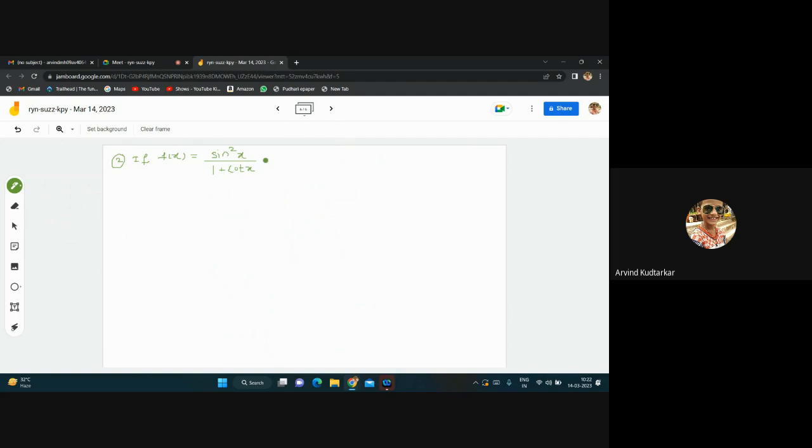So we need to find f dash of pi by 4. f dash means the first derivative of the function at x equals pi by 4. So this value we have to determine.